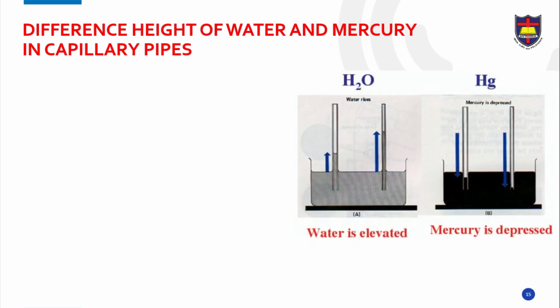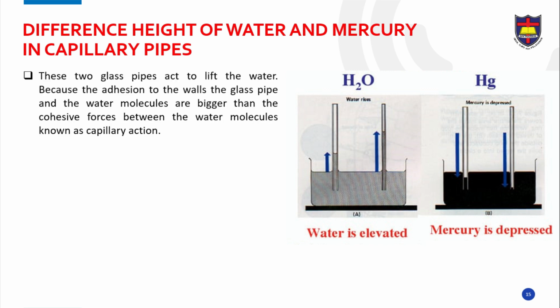If we have two glass pipes with different diameters, and we put them into each substance, water and mercury, then from these pictures we can say that the two glass pipes act to lift the water. Why? That's right.